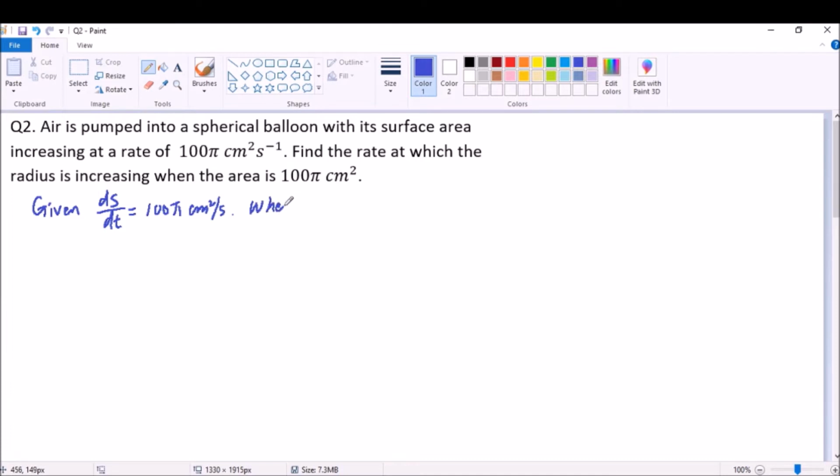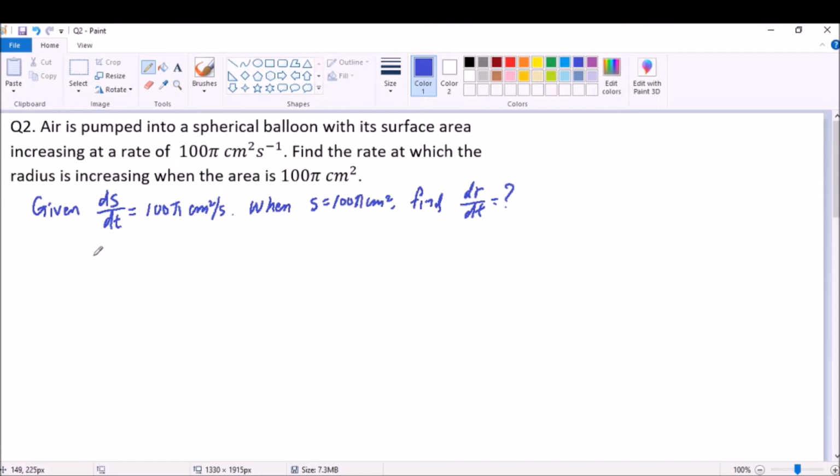When the area is 100 pi cm squared, we are going to find dr over dt, being the rate at which the radius is increasing.